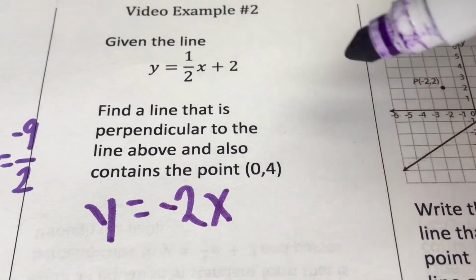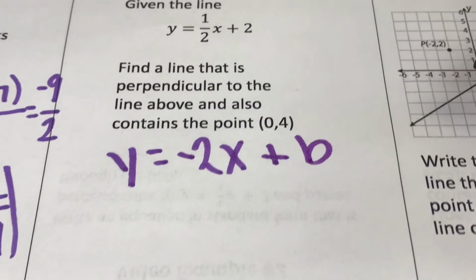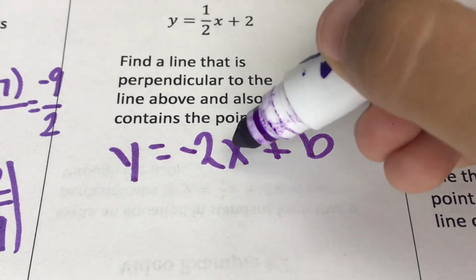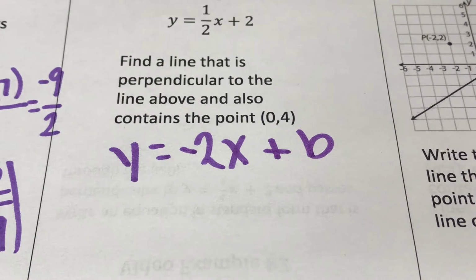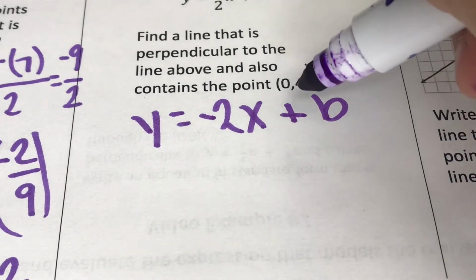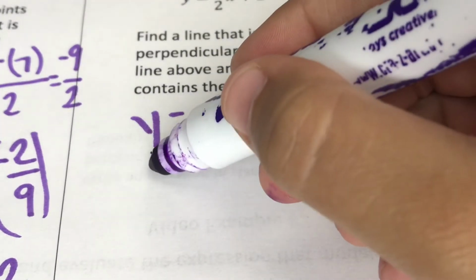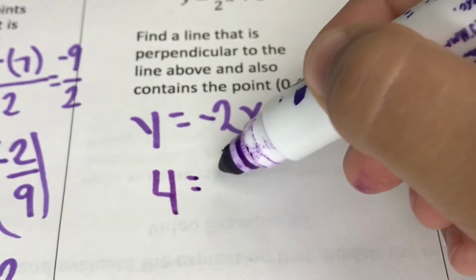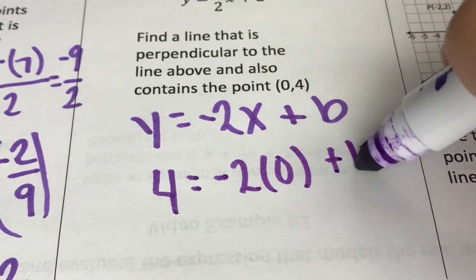So we want to find out what our b is, so let's just add plus b and use the point that they gave us, plugging in for x and y to find our y-intercept b. Our 0 is our x and our 4 is our y. So we write 4 is equal to negative 2 times 0 plus b.